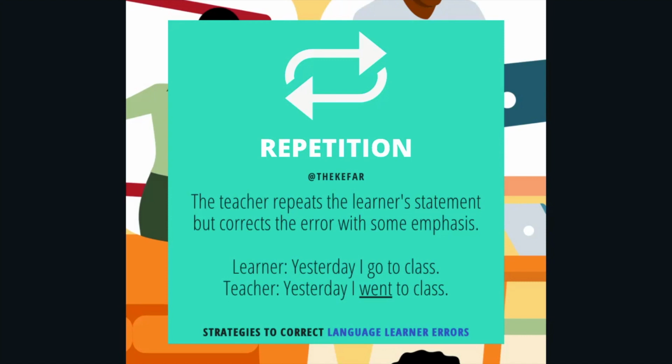So we have the yesterday I go to class, and the teacher says, yesterday I went to class. Okay, so it's not a rephrasing where we do with recasting, where she says, oh, you went to class, where here it's just a direct repetition of what the student says, but correcting that mistake with some emphasis so that it's clear that you're making a correction to what the student said.